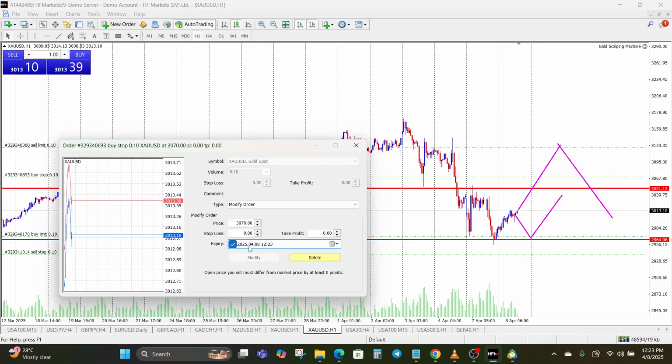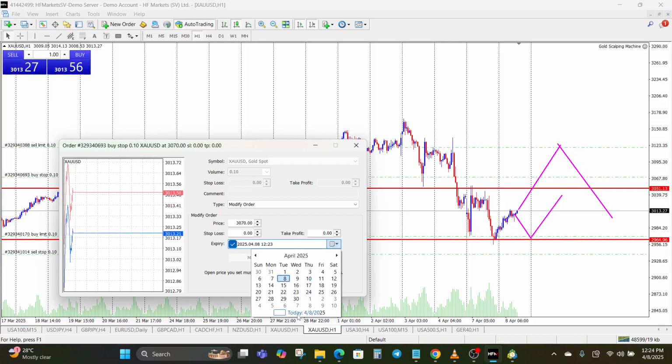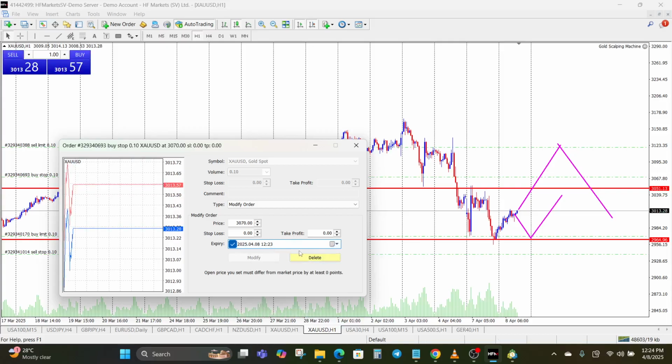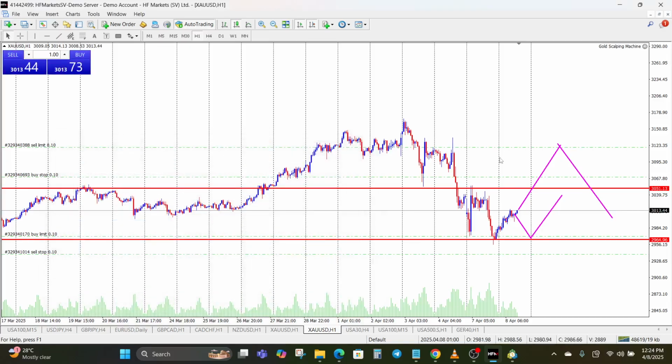So you can decide to set the expiration date to today. So if today elapses and that order has not been triggered, it is going to expire. So based on your analysis, you can set an expiration date for a pending order so that if that order does not get triggered within that time frame, it is going to expire and it's not going to trigger anymore.